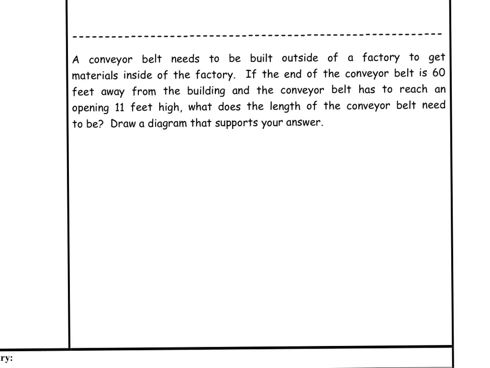So I'm going to first start off by drawing my factory, which is just going to be something that looks like this. Nothing too fancy. And then it says if the end of the conveyor belt is 60 feet away from the building.